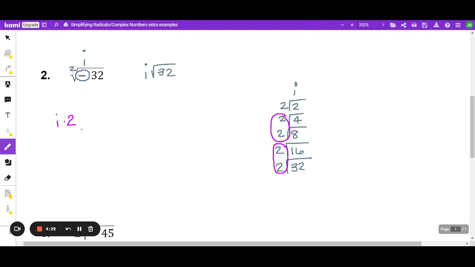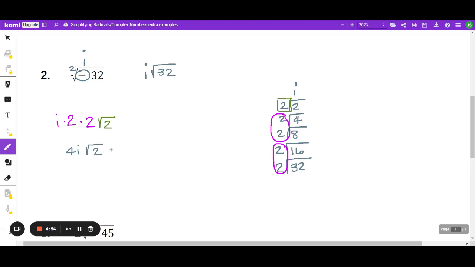There's another group of 2 2s, so I can bring another 2 out. And then anything that's left without a group has to stay inside the radical. So that last 2 stays inside the radical. We're going to multiply the 2s in front. So 2 times 2 is 4. And then 4i radical 2.